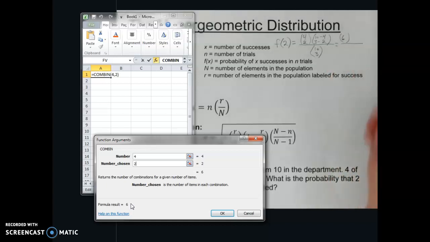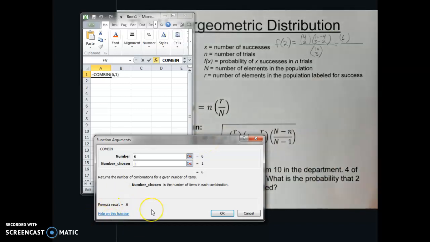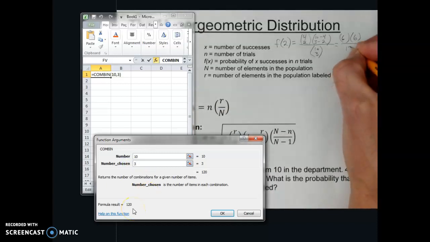Okay. And then for the next one, we need 10 minus 4, so 6 elements, 6 total items, taken 3 minus 2, 1 at a time. And that gives you 6. So 6 times 6 in our numerator. And then our denominator is going to be 10 elements taken 3 at a time. And you get 120.